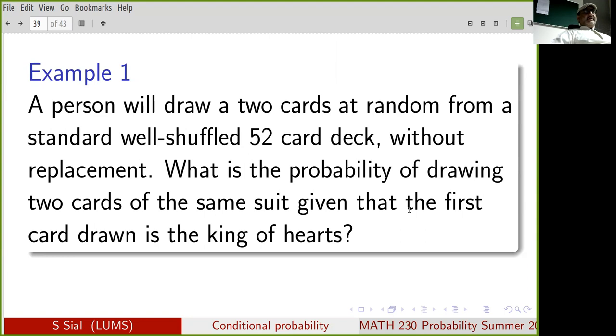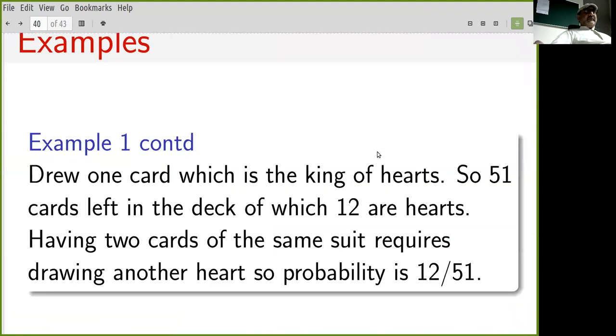The first card drawn is the King of Hearts. So we've got 51 cards left, and we have to draw a heart. We've removed 1 heart, so there are 12 hearts out of 51 cards. All the cards are equally likely, so we'd suspect that the probability is 12 out of 51.